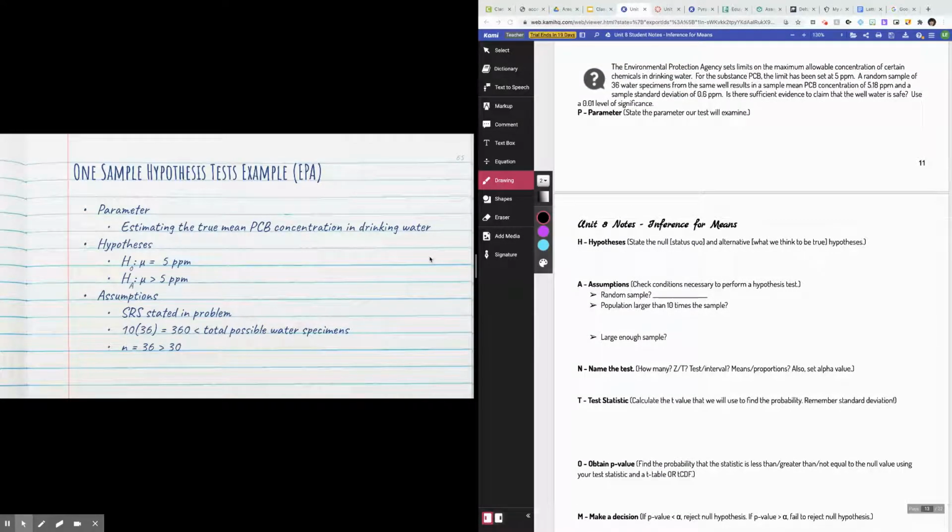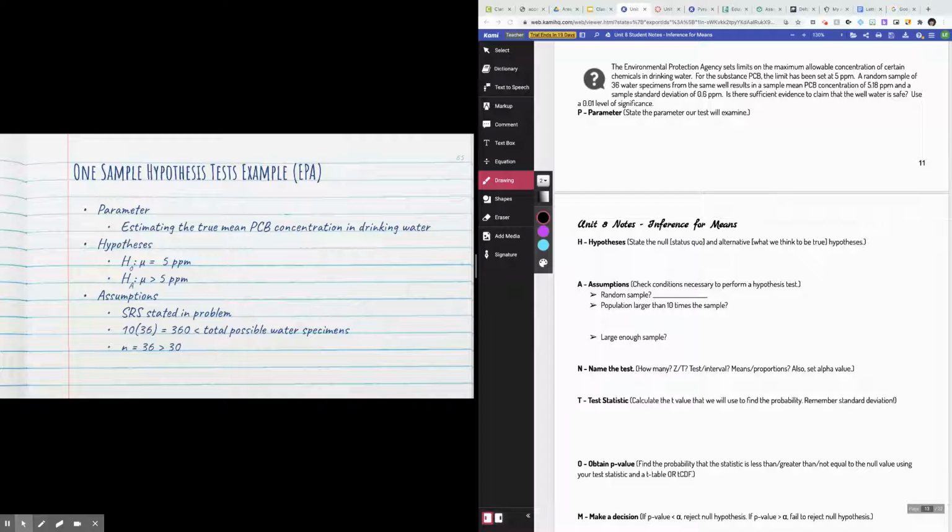So let's talk about this EPA example here. This is a really common thing that government agencies do in order to protect us. This is one way that statistics can be used in a completely real world setting to the point where it can actually impact the lives of people in the communities.